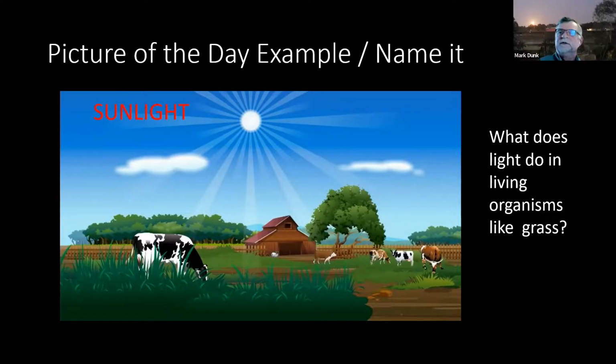So once again, this is just a technique, frame it, name it, and you could get your students to discuss this. And then the idea that we're looking for here is the grass is utilizing the sunlight to make food.